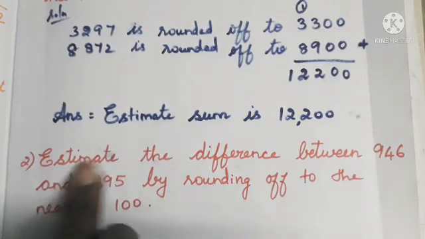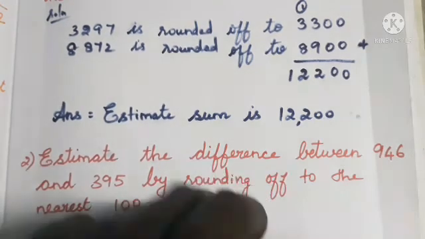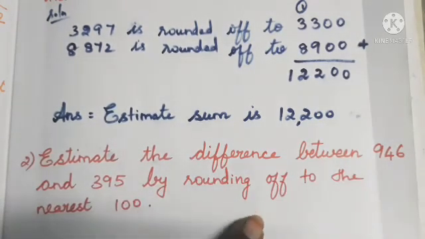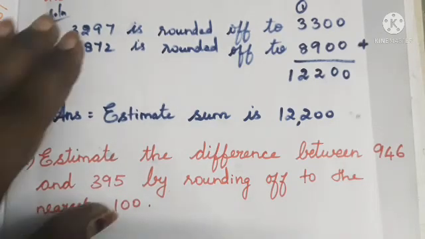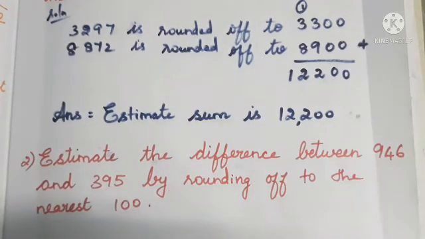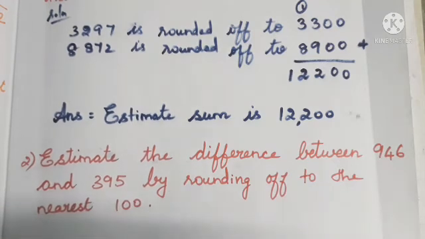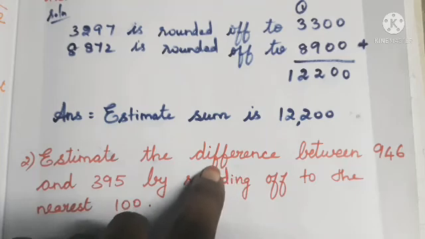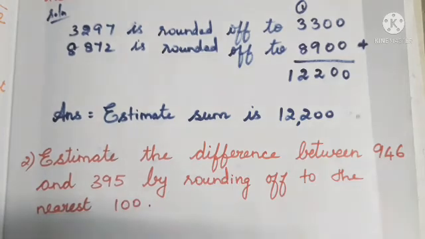See once again: estimate the difference between 946 and 395 by rounding off to the nearest 100. Here, like this only, first we write the first number and round to the nearest 100, and the second value also we write and round to the nearest 100. Afterwards we have to find the difference. We have to minus the two numbers.